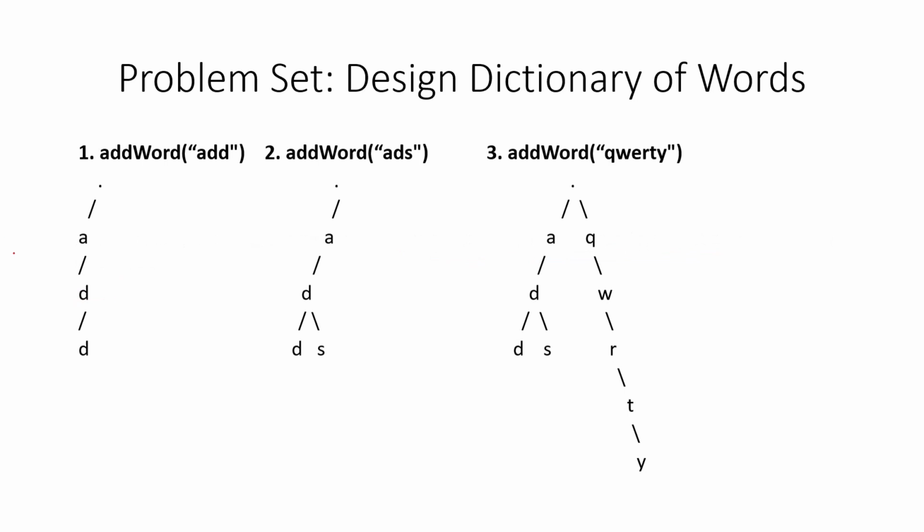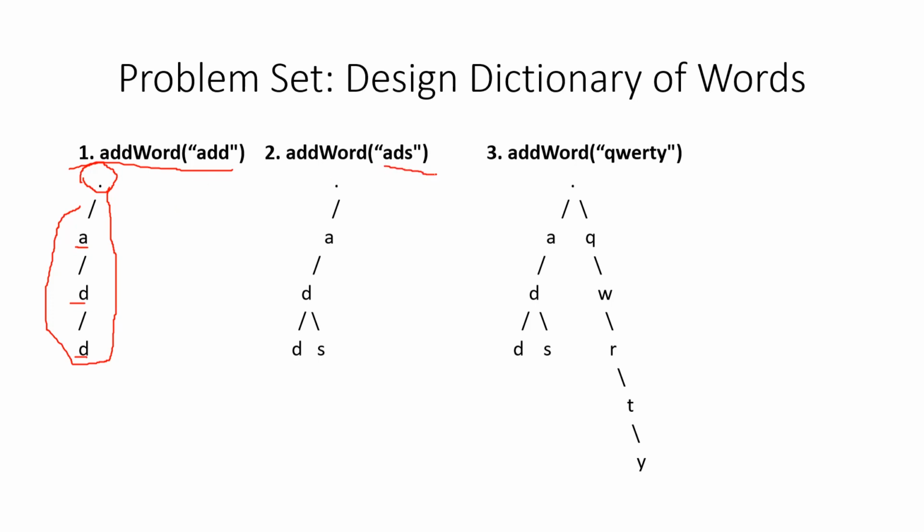In the first operation, when we add the word add, we build a subtree like this, where we have an empty space as a root, and the child of this is a, then the next child of a is d, and then again d. By the way, please don't be confused with a binary tree. It's just a tree where each node can have many children, more than two.